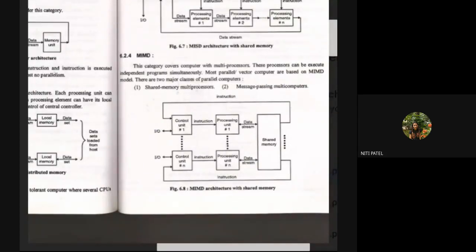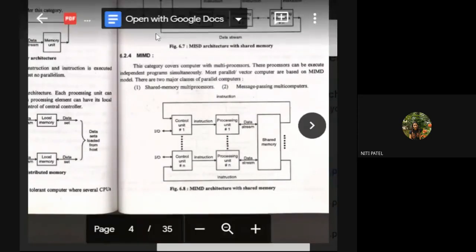So you have N number of instructions, which is multiple instructions, and there are multiple data streams, which is the MD. So your instructions are executed faster, and the disadvantage which was there in MISD, the delay at the data stream, will now be overcome because you have multiple data streams.